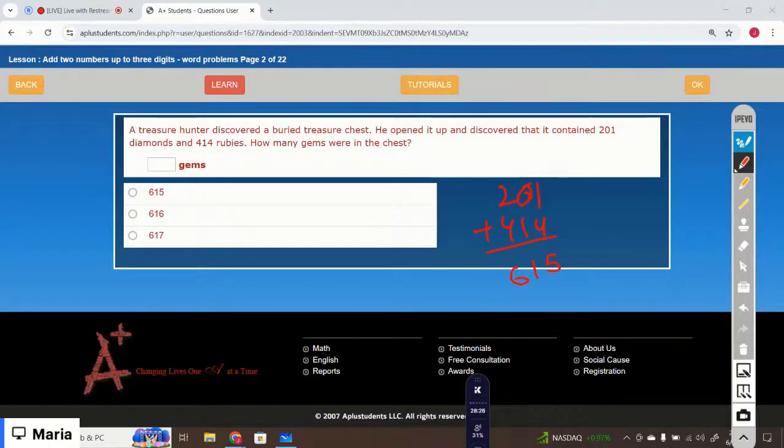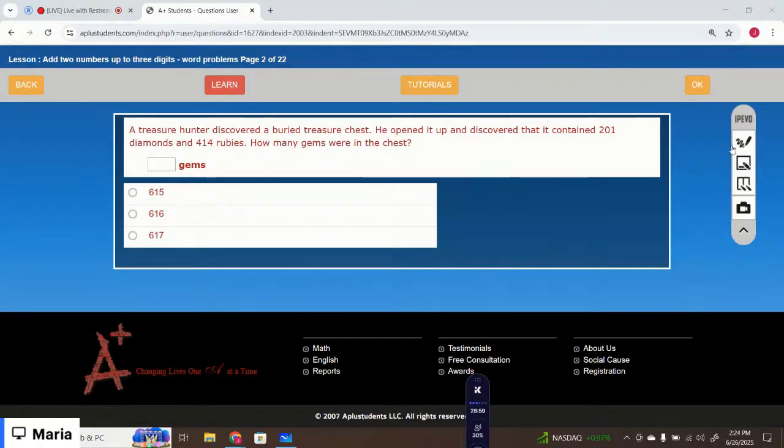That is 650. Option number 1 is the correct option, 650.